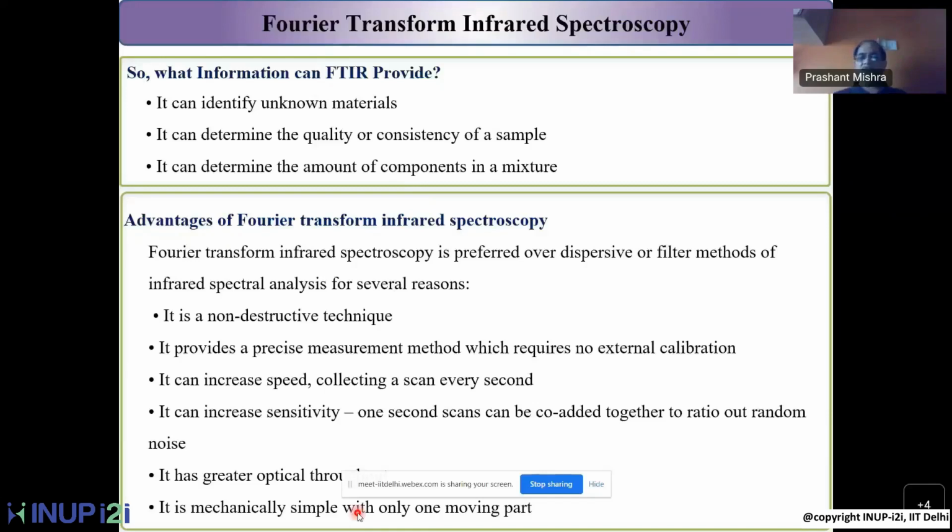It can increase the speed, collecting a scan every second, so whenever you get one spectrum, it takes very little time. As I told you in the previous slide, it is a very fast technique, and it can increase the sensitivity. One-second scans can be co-added together to average out random noise.